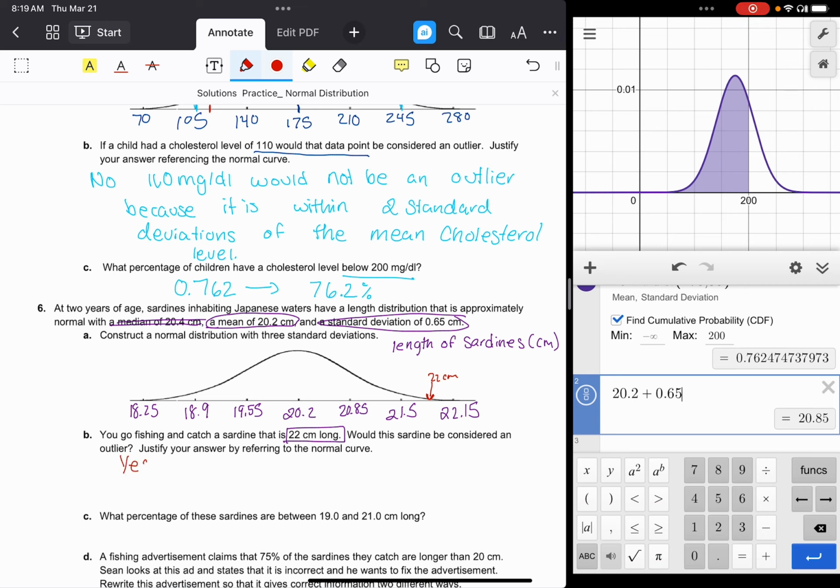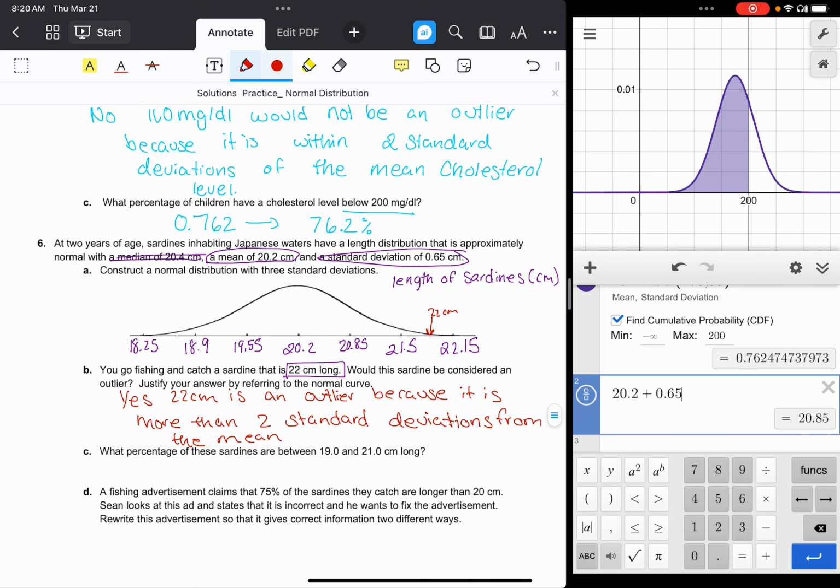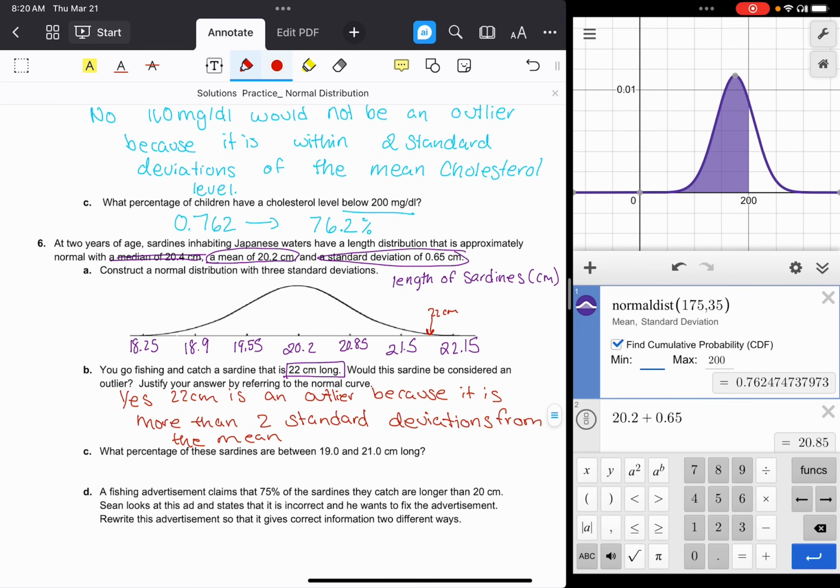And so, yes, 22 centimeters is an outlier because it is more than 2 standard deviations from the mean.